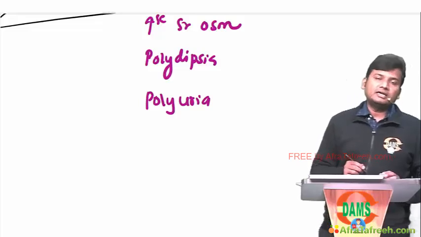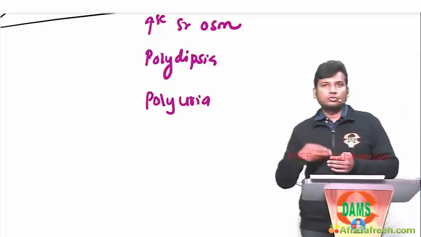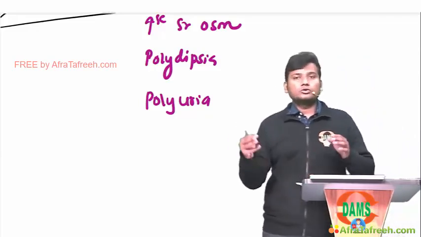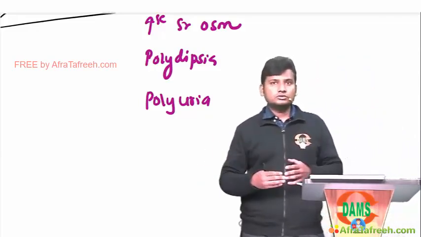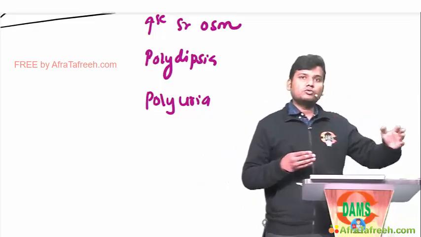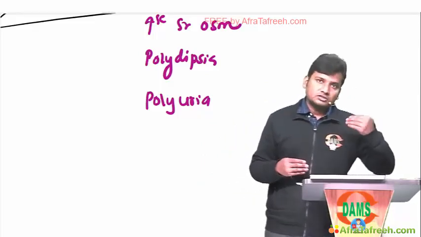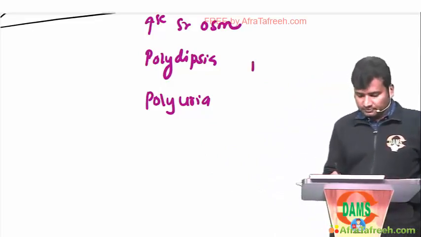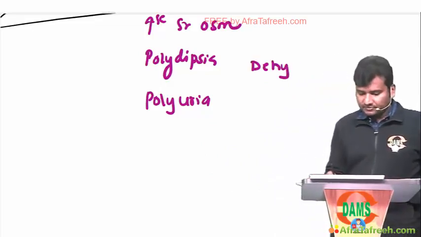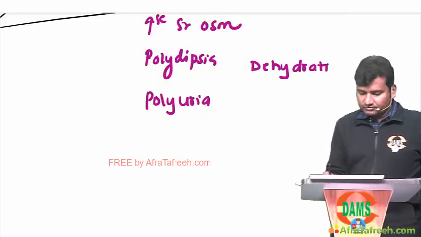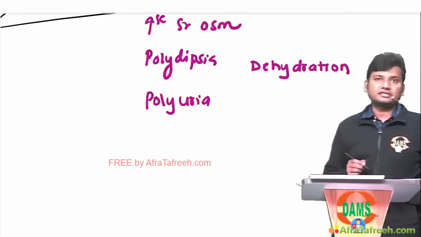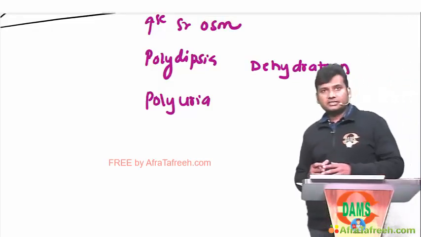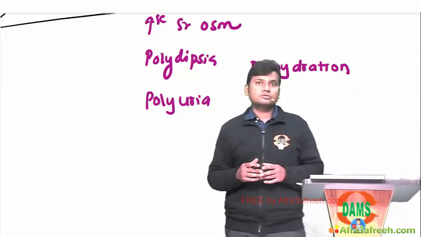When the kidney is trying to excrete glucose from blood, it will utilize water. So a lot of water is used for excretion of glucose, and a lot of water is lost in urine. The patient will suffer from dehydration.